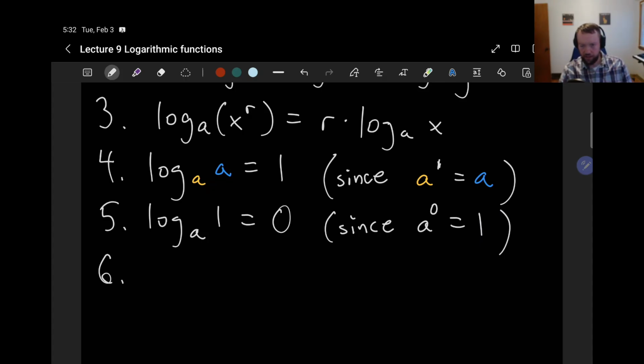These next two you can think of as canceling properties. The exponential function a to the x and the logarithmic function log base a of x, they have a very special relationship with one another. They're actually inverse functions.